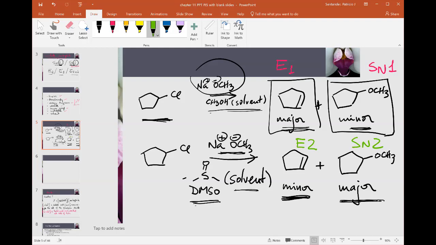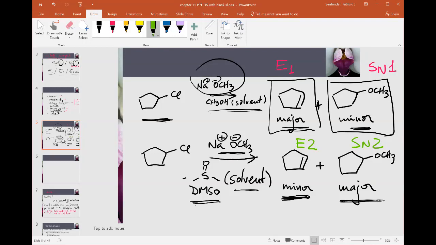Well, we already said before that the number 1 or 2 indicates the molecularity of the reaction. So that means it's telling you how many of the species are involved in the formation of the transition state in the reaction. The fact that the two reactions on top are E1 or SN1, that means that the rate of the reaction depends on the concentration of only one of the reactants.